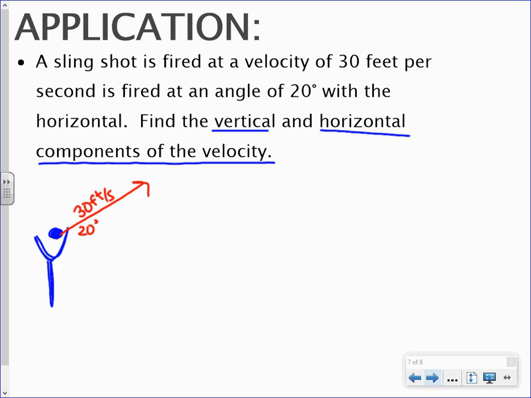If I want the horizontal component of velocity, we're just going to do the same thing we've been doing. We're going to take the magnitude times the cosine of the angle.